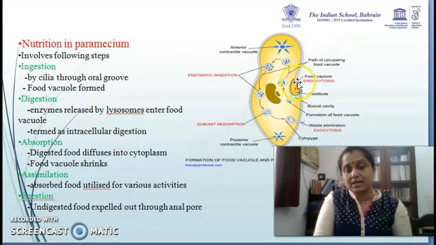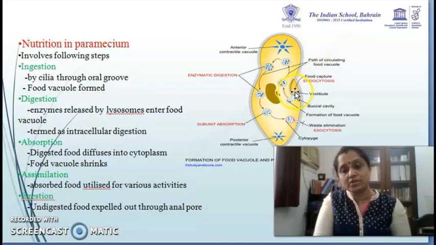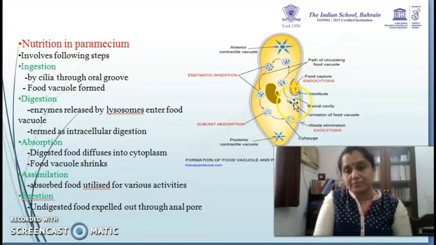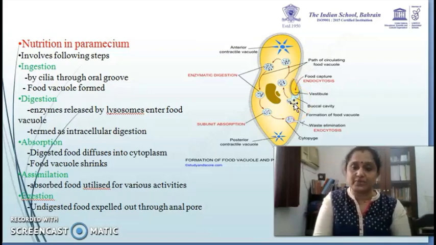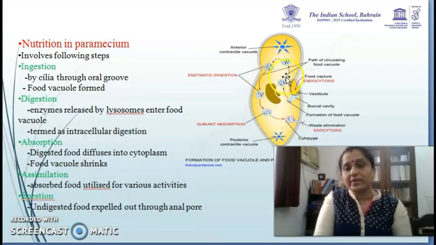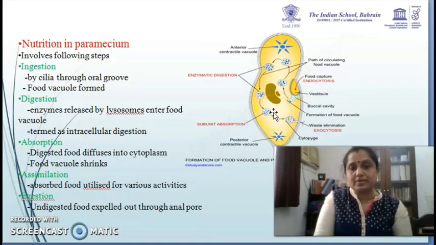And through the cilia, the food material will reach the oral groove or the mouth. And from there, a food vacuole is formed and now the food is inside the food vacuole. Now the food vacuole can circulate through the cytoplasm and then digestion takes place.